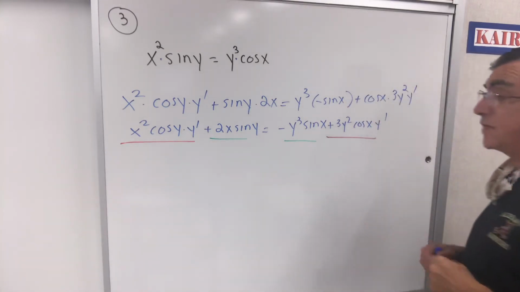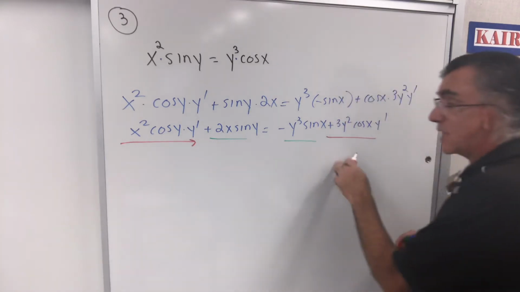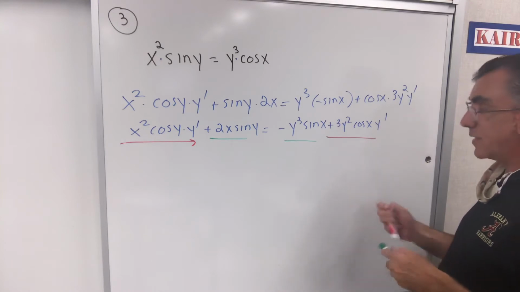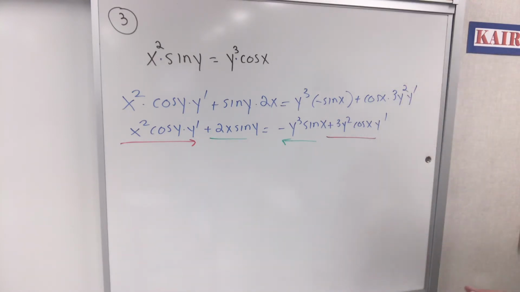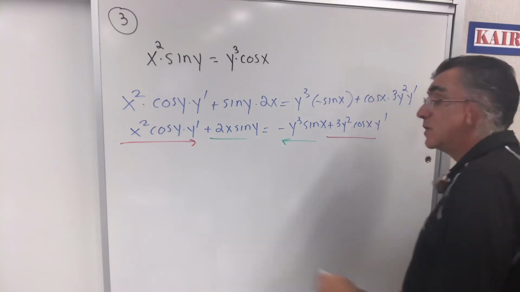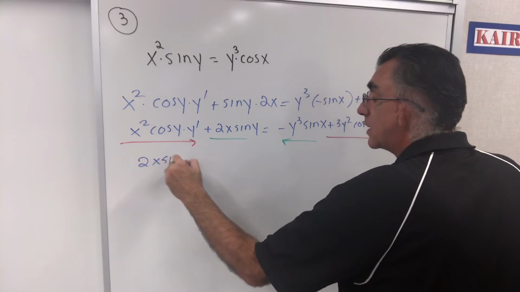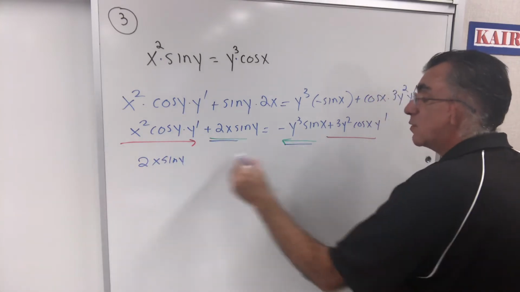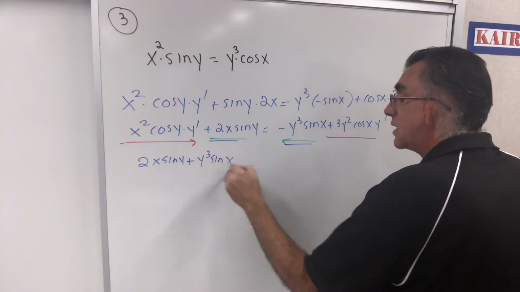Now, just to be different, I'm going to move the y primes over to the right side to kind of show you that it doesn't matter, and I'm going to move the things without y primes to the left side. So, if I do that, I'm going to have 2x sine y, plus y cubed sine x.